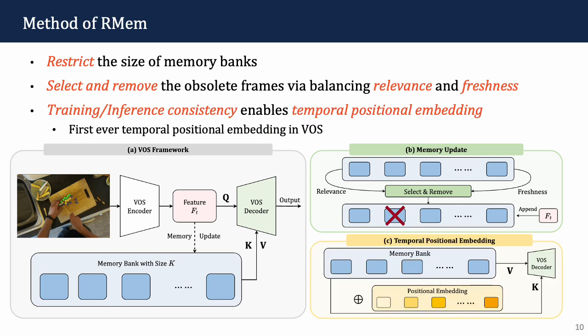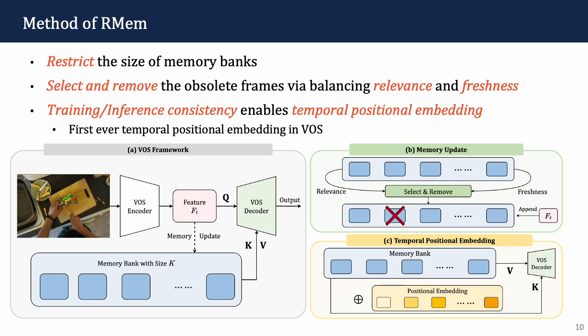Finally, our restricted memory banks significantly decrease the training-inference gap of memory bank sizes, since in our way, the length of memory banks won't grow without limits. To illustrate how this can impact the design space of VOS methods, we designed the temporal positional embedding to enhance the temporal reasoning of VOS methods.